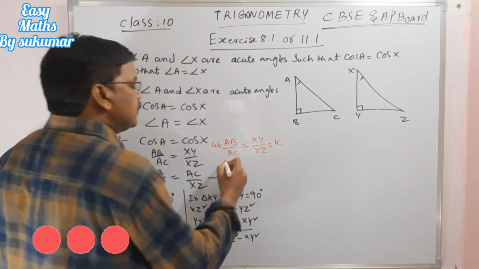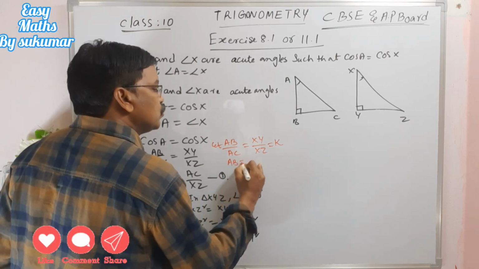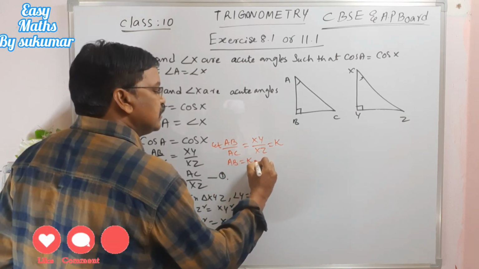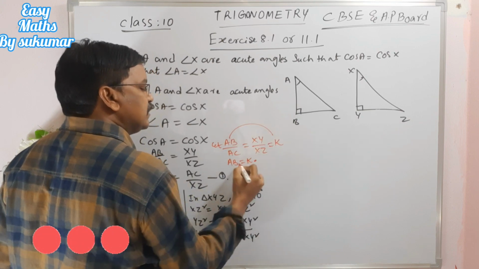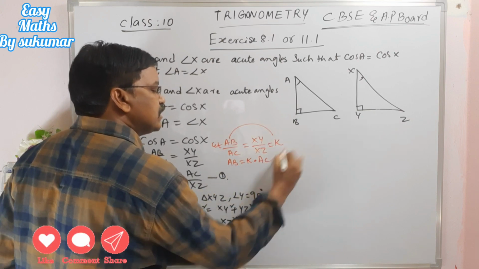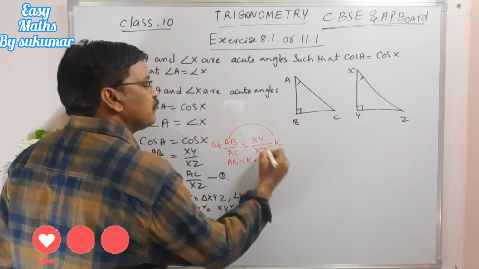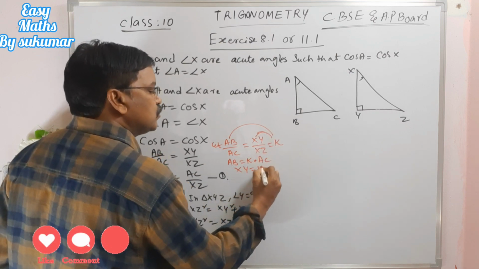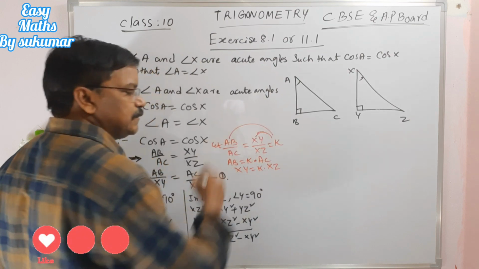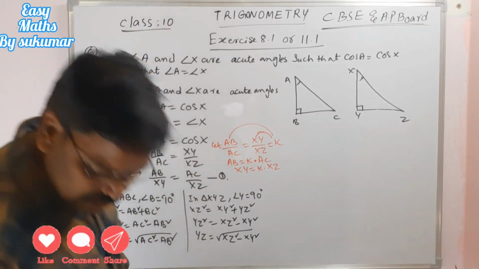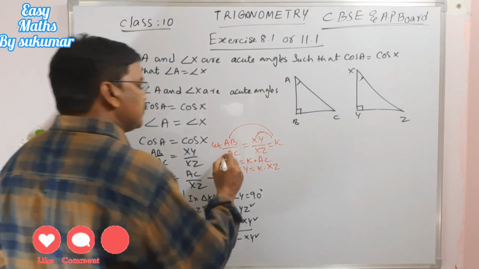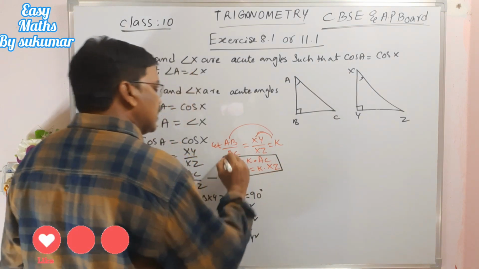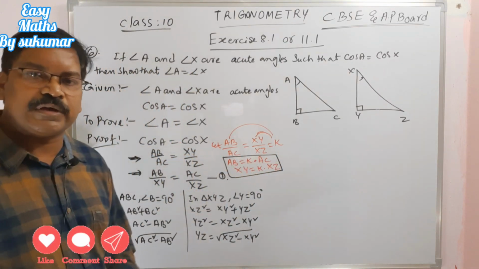So that means AB is equal to k into AC. Similarly, from these two, XY is equal to k times XZ. Just remember these things: AB is k into AC and XY is equal to k into XZ.